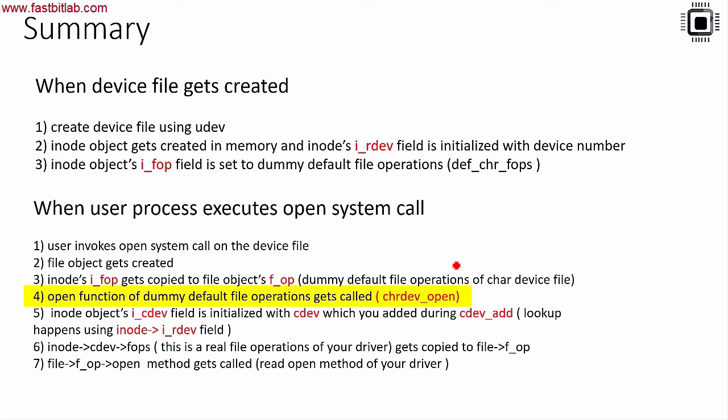That is chrdev_open. In chrdev_open, the inode object's i_cdev field is initialized with the cdev which you added during cdev_add. Lookup happens using the inode's i_rdev field. Sixth point is inode's cdev fops. This is the real file operations of your driver, which gets copied to the file object's file operations field. And after that, finally, from the file object's file operations field, the open method gets called. That is the real open method of your driver.